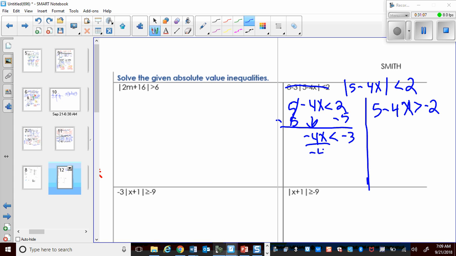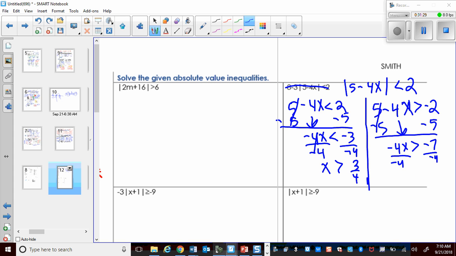Divide by negative 4 on both sides. X is, oh, it's negative. Flip the symbol. X is greater than 3 over 4. On the right hand side, subtract 5 on both sides. I get negative 4x is greater than negative 7. Divide by negative 4 on both sides. Flip the symbol.